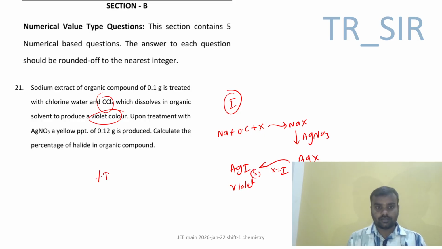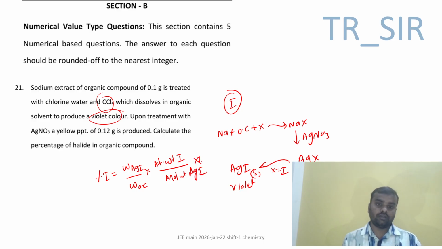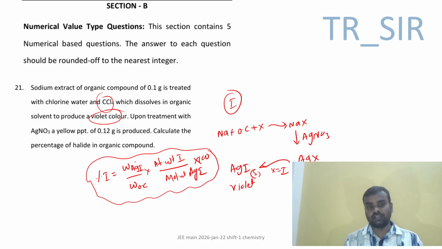For that case, the percentage of iodine is equal to the weight of AgI by the weight of organic compound, into the atomic weight of iodine by the molecular weight of AgI, into 100. So this is the formula we can use.